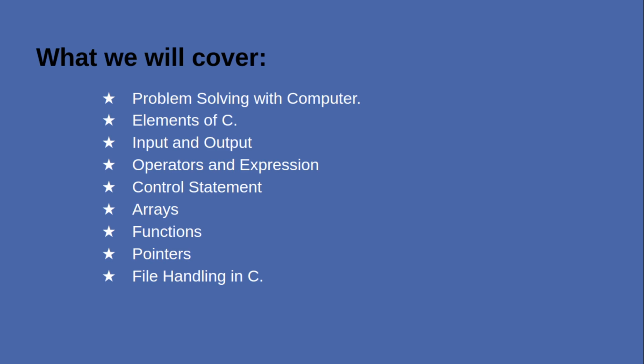And then next, one of the most important topics in C programming, is pointers. We'll introduce pointers and illustrate some examples, and we'll understand practically each and every topic, but pointers are especially important.